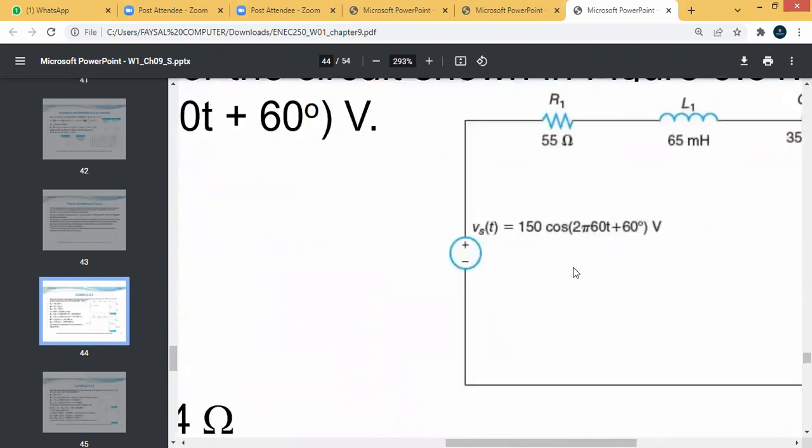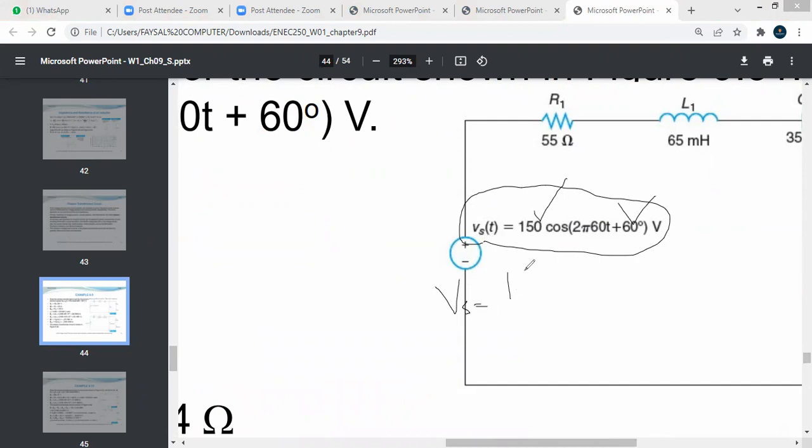The voltage source given is this one. For this system, this is my A and this is my theta. So you will write that Vs equals 150, this is the amplitude, with the angle 60 degrees. So this is the first part, where you have to calibrate the value of Vs, which is given.